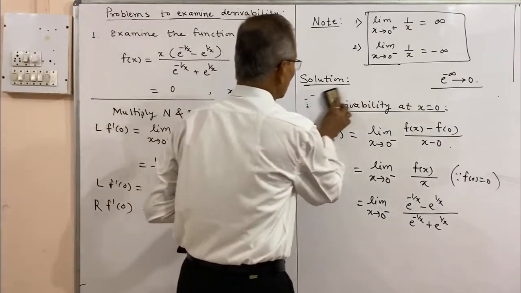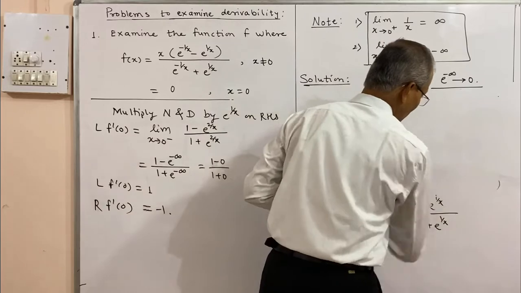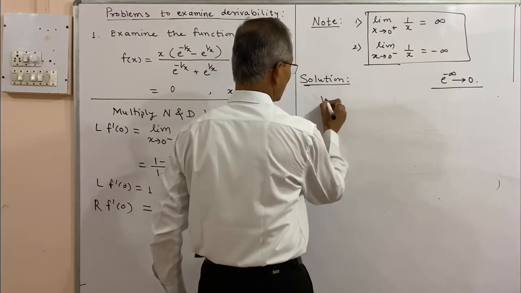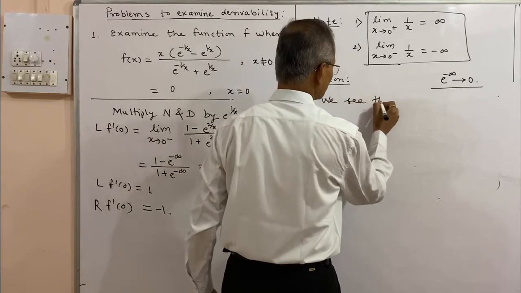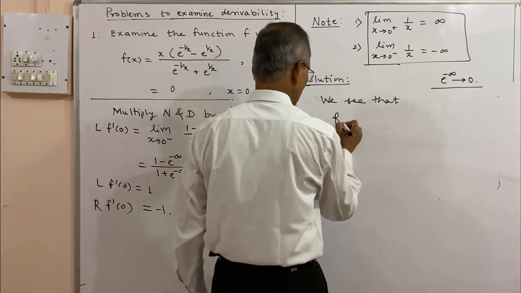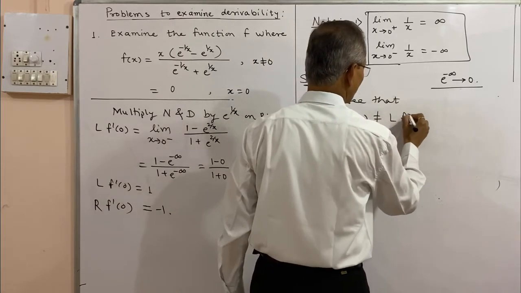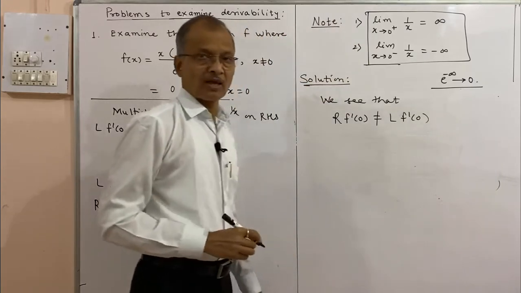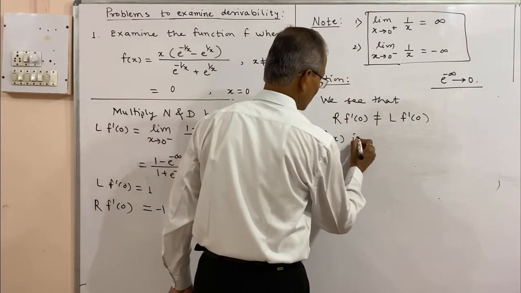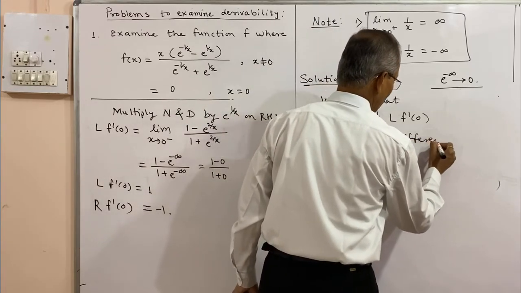Thus we see that the right hand derivative is not equal to the left hand derivative of f at 0, and therefore f(x) is not differentiable at x is equal to 0.